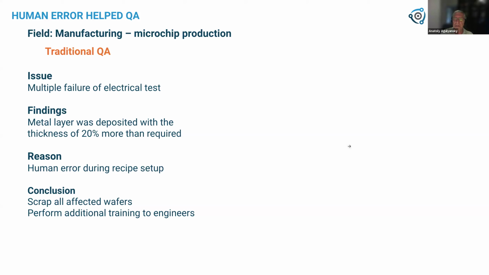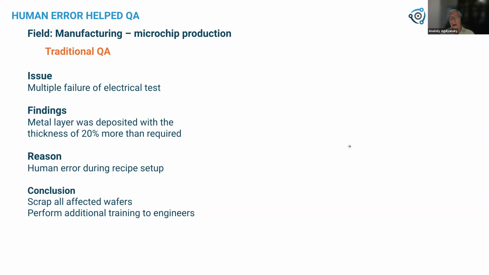The engineer applied the wrong recipe, and the thickness of the metal was 20% more than required. And they said, no problem. We should scrap these wafers. It's a great pity, but we found the root cause. We should scrap the wafers. We should do additional training and so on.